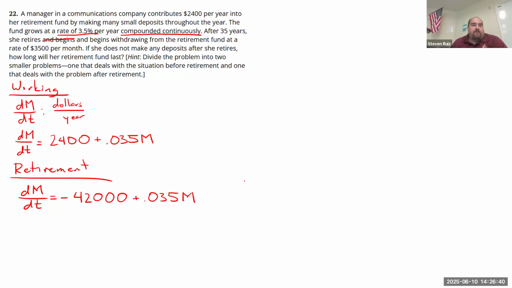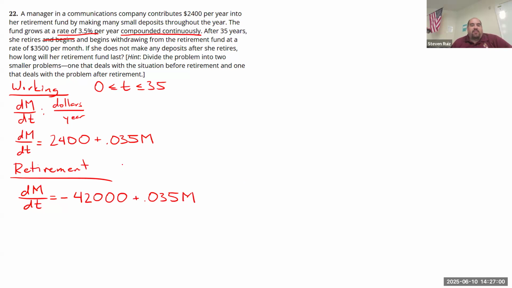Okay, so I believe these are my two equations. Let me just make sure there's nothing else going on in here. Okay, so she's working, and this is going to be from 0 to T, or sorry, 0 to 35 years.